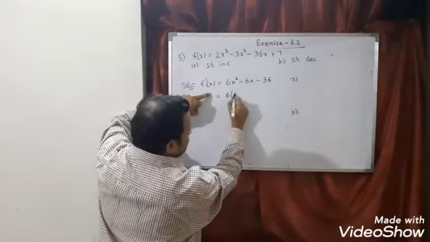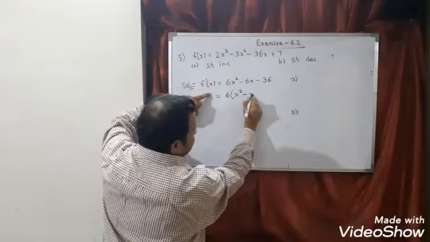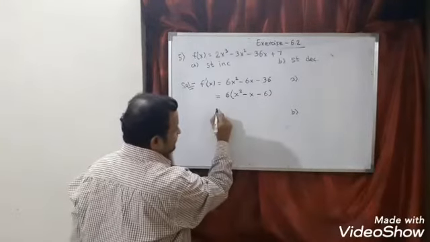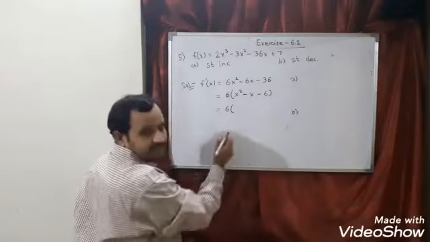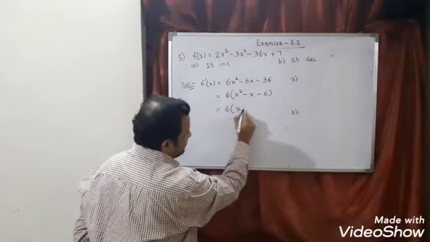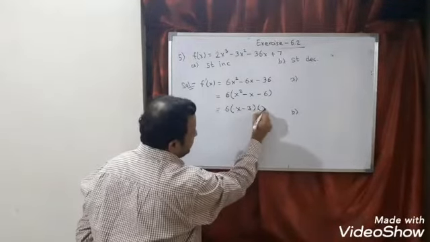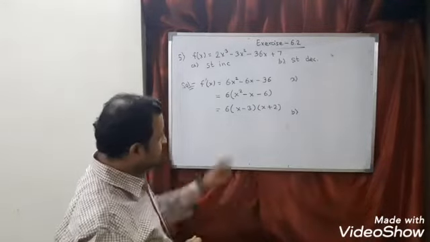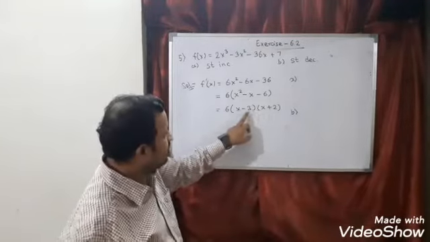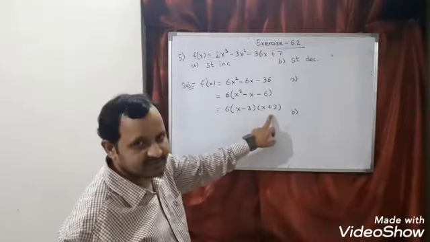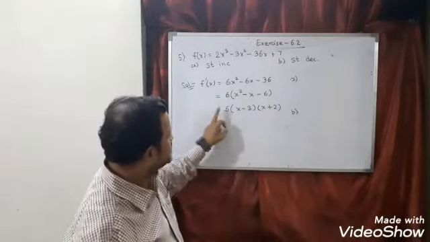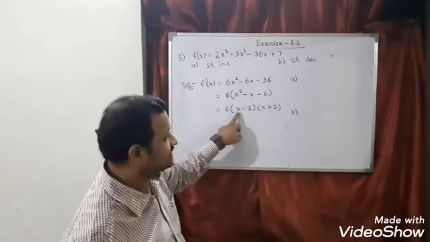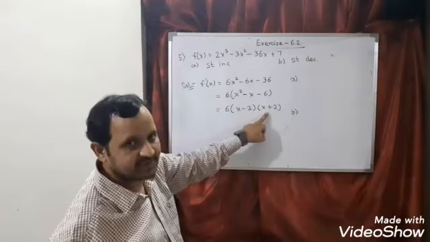So what you will get? x square minus x minus 6. Again the degree of x is 2 here, we have to break further. This we can write as x minus 3 into x plus 2. Let us check: x square minus x minus 6. So this is correct. So you can see here, break it into linear form. The degree of x is 1 here, and the degree of x is 1 here.